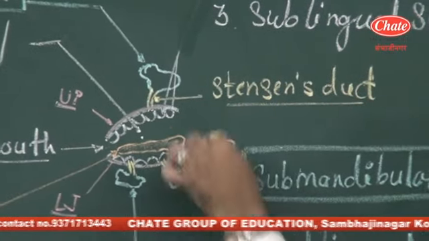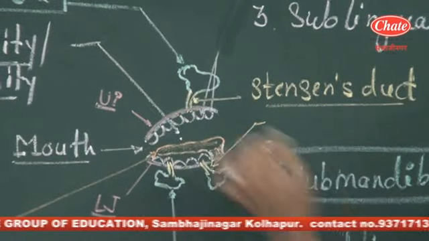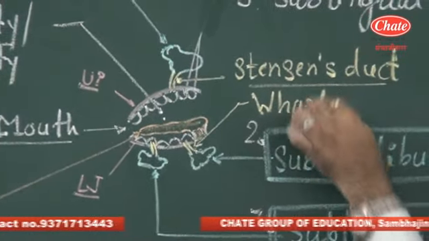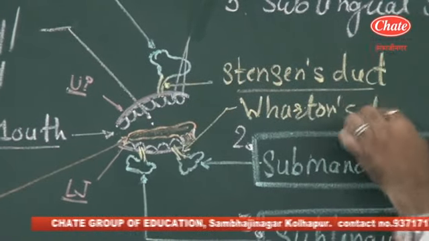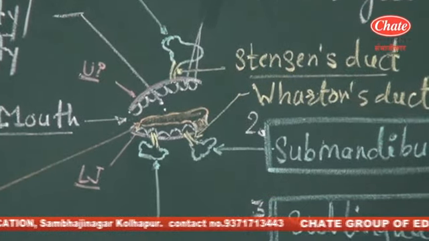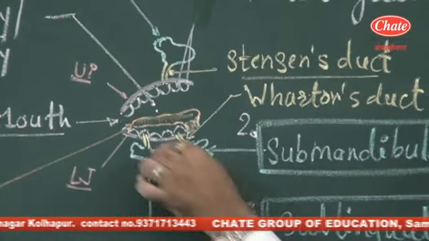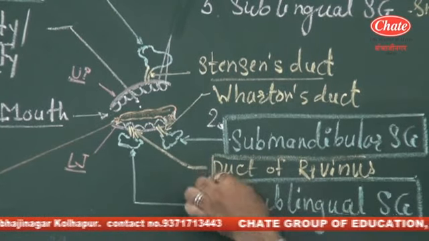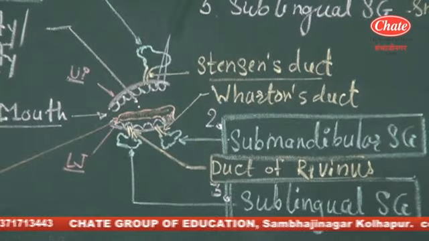While the duct associated with the submandibular gland is termed Wharton's duct. While the duct which discharges the secretion of the sublingual gland is termed the duct of Rivinus. So these are the three glands.